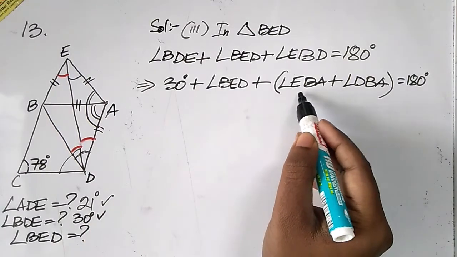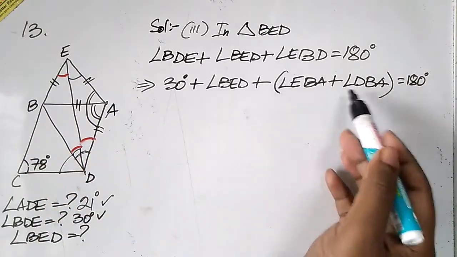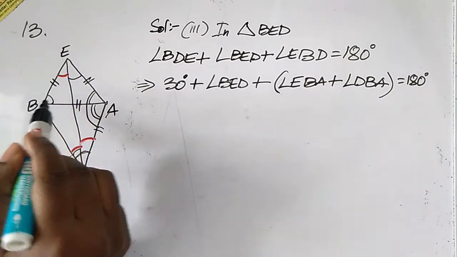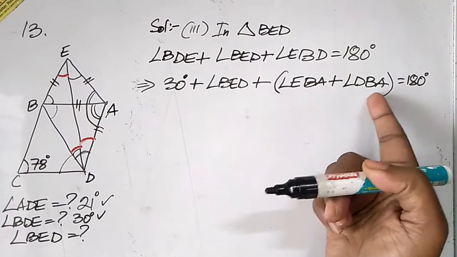I think we know the values of EBA and DBA. Now EBA, this is an equilateral triangle, so it will be 60 degrees, and DBA, this angle, right? Angle DBA or ABD is how much? We have already found earlier, that is 51 degrees, right? I have written here DBA.